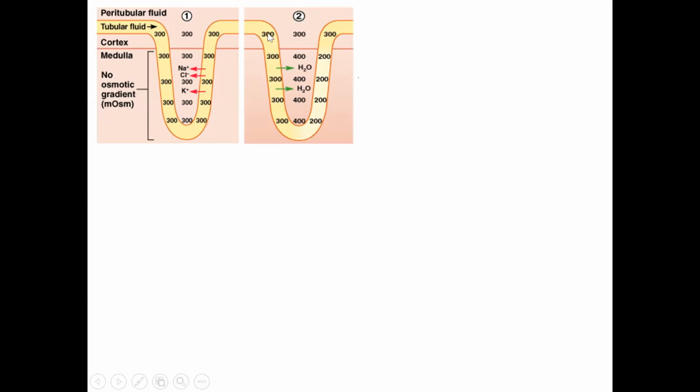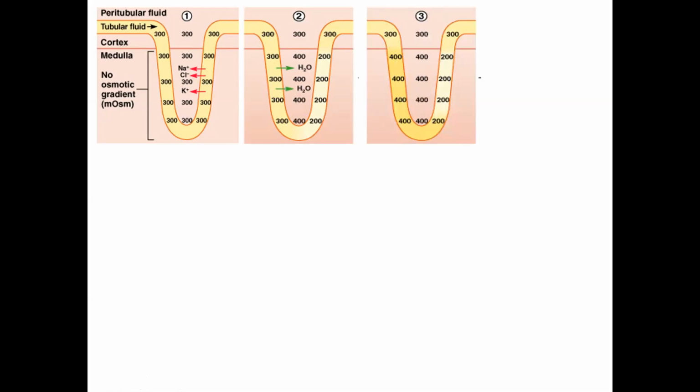So entering this loop of Henle is 300. Once it gets to the end of this descending part, it is going to be much more concentrated than 300. This kind of movement is continuous. So start from 300, and then you pump out ions and move out water.